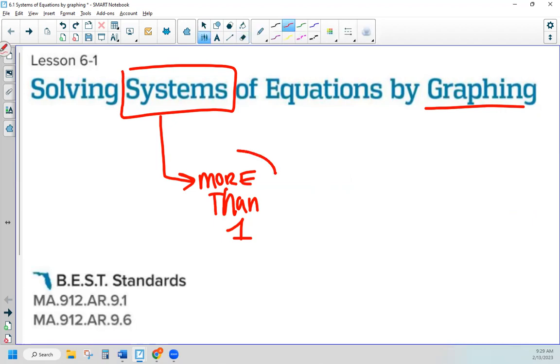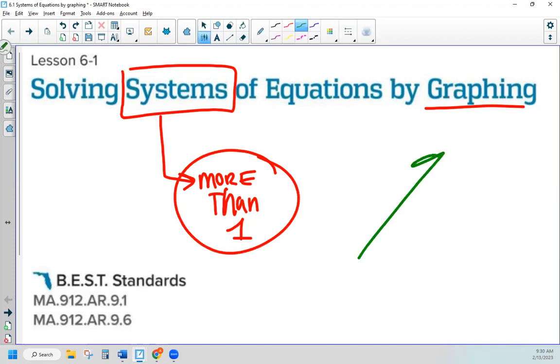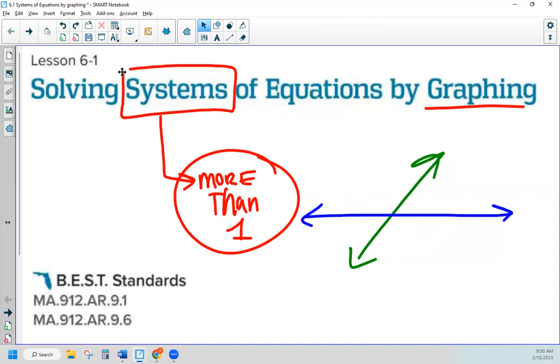Now, let's not forget, what happens when we have more than one line? What is the solution there? Say this green line right here, and all the points that make up that green line are the solution to that line. And let's say this blue line. What is the solution there? The solutions for the green line are all the points, an infinite amount of points.